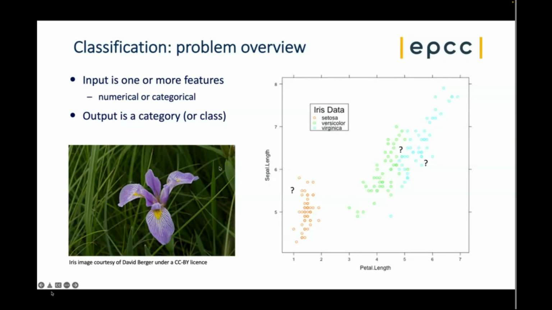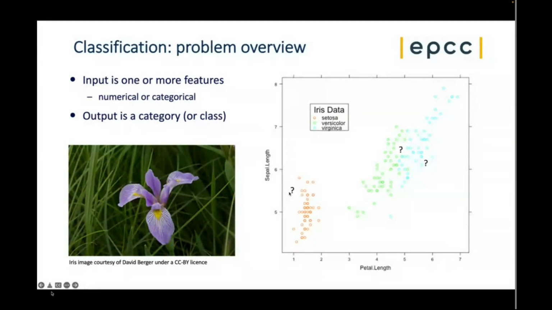So the classic example that you often see in a lot of machine learning texts is this iris data set. So here's an iris, and the idea is you're meant to be able to detect whether this iris is a setosa or versicolor or virginica iris by looking at its features, namely the petal length, the sepal length, and I think there are two other features in the data set.